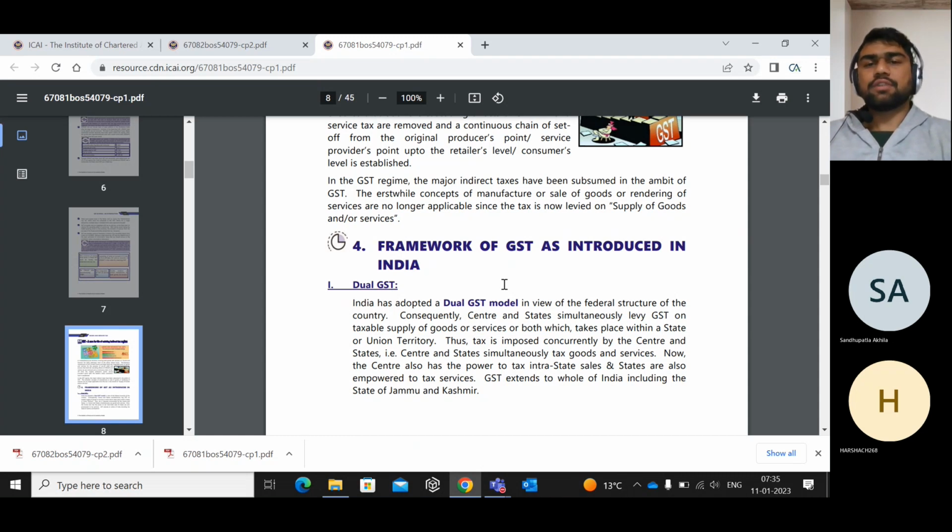That is, in case of intra-state supply, CGST and SGST will be charged simultaneously, as CGST is the share of the central government and SGST is the share of the state government, as both can levy tax at that single point of time.